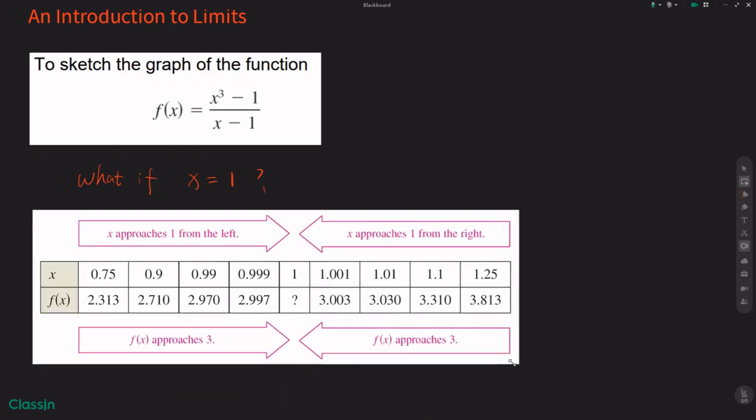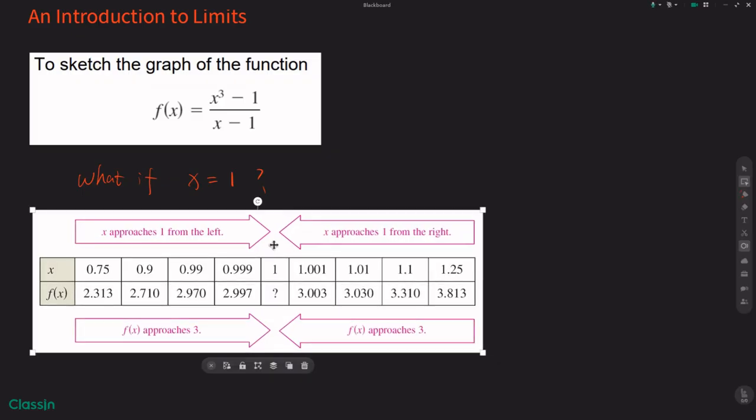All right, so you can see that we are taking the value of x. We can start with 1, but you know that when you put in a 1 for x, the function f of x can complain. So we don't know what's going on at this particular point.